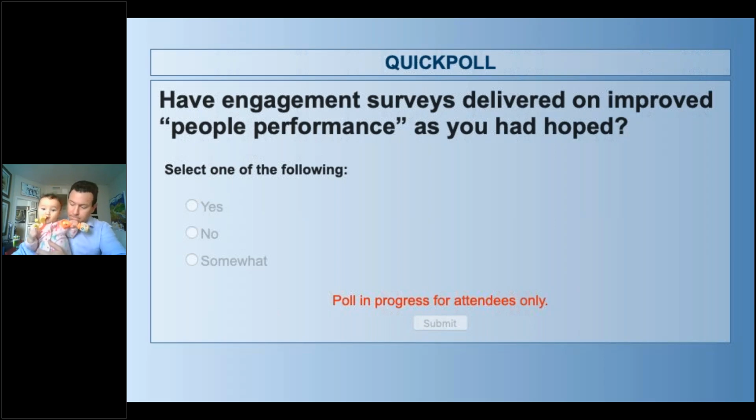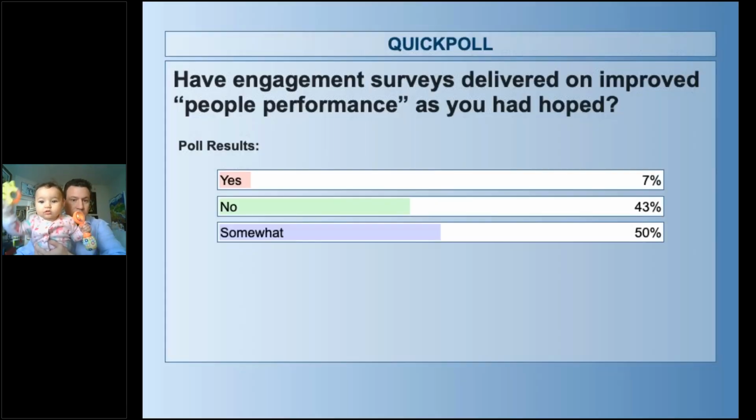Okay, all right, I'm going to close the poll. Great. So again, we see that engagement surveys are not delivering on people performance, and that's why tools are coming out like ours, but there's other companies that make software like ours that will actually help you improve performance of your people, through technology and HR technology specifically. Okay, next, Charles.